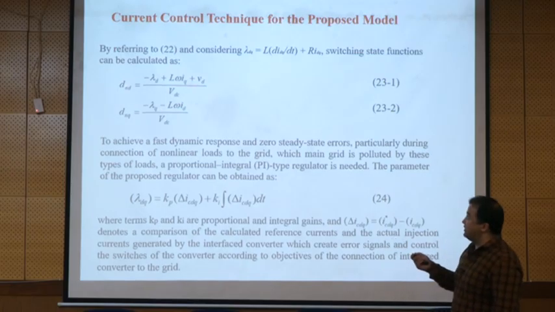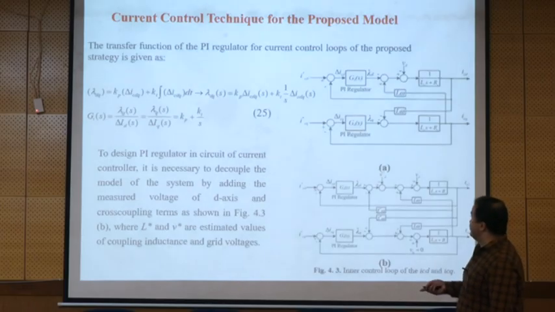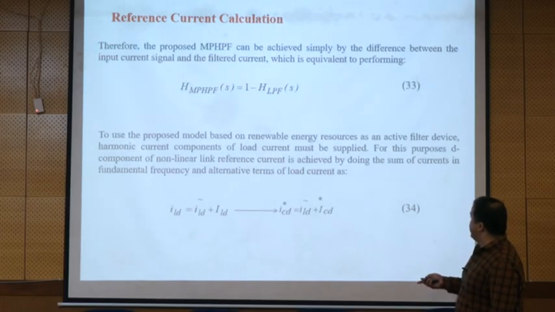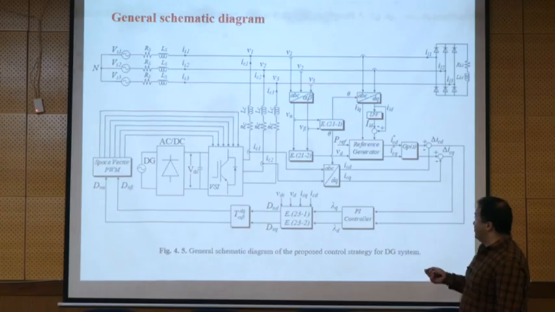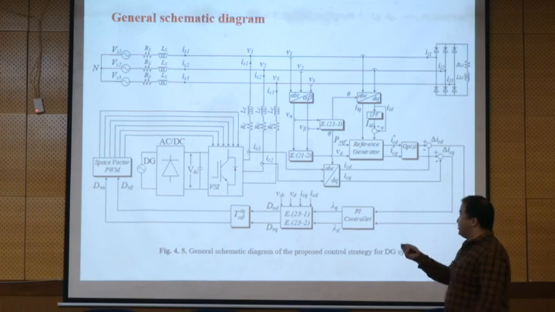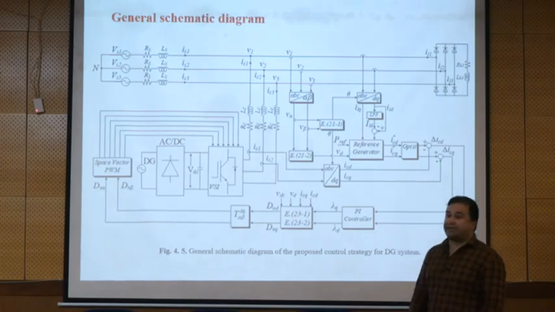So we calculate lambda D and lambda Q. We measured all the voltage and current values, and then based on these two equations, we reach the Dd and Dq.